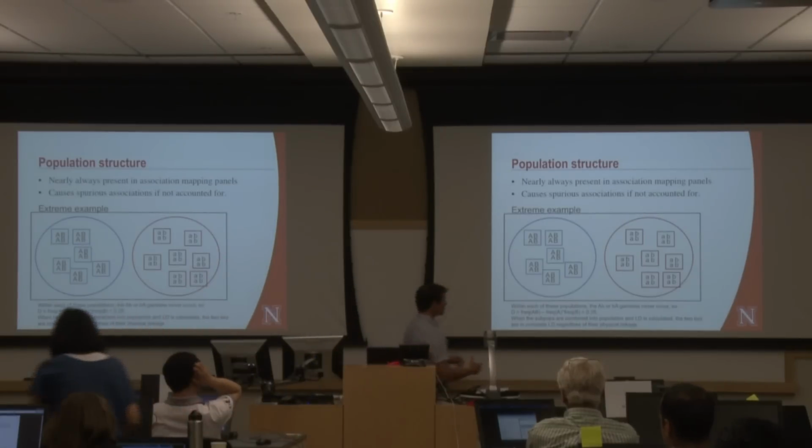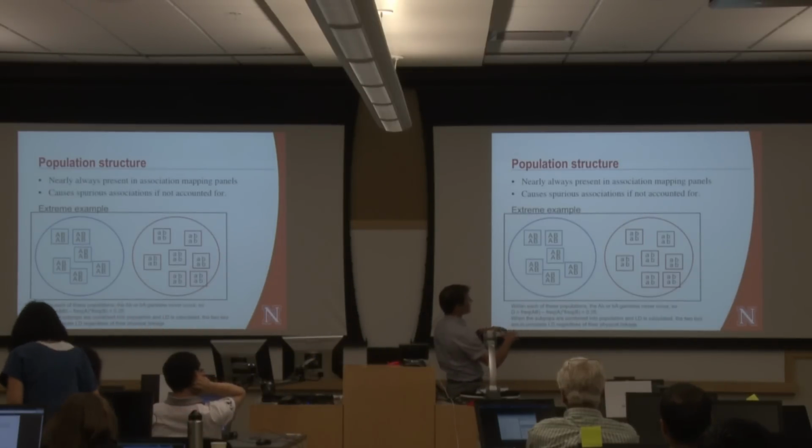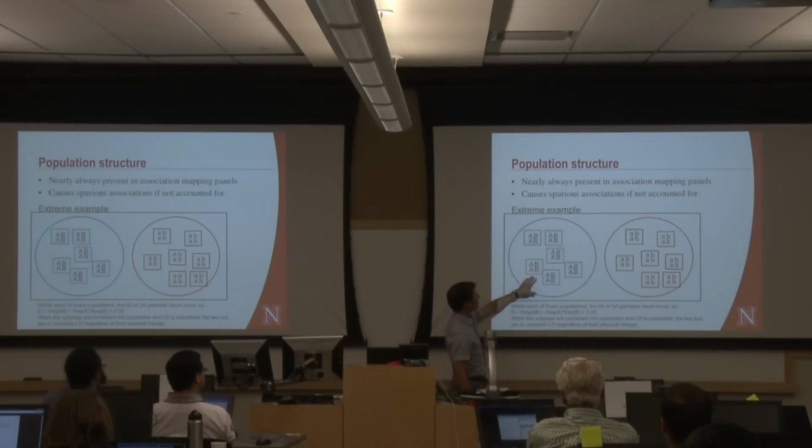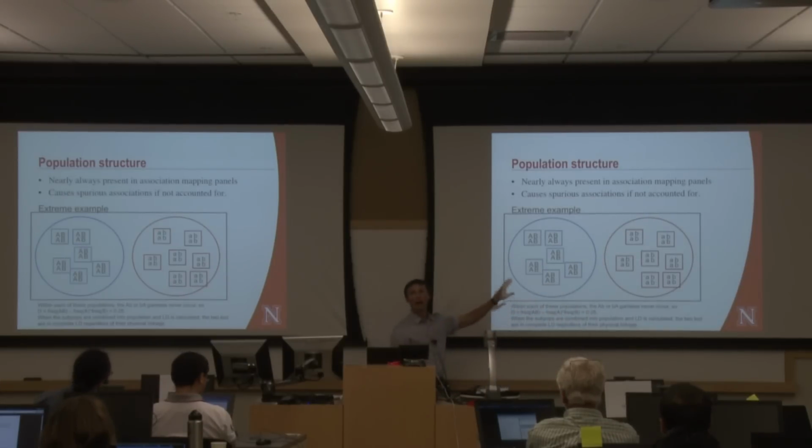Okay? So if we ignore this population structure and treat these individuals in these two populations as if they exist in the same population, okay? And we do a calculation here on the LD between these two loci, we'll end up with a D value of 0.25. Okay? You can count them up, you can do the math yourself.